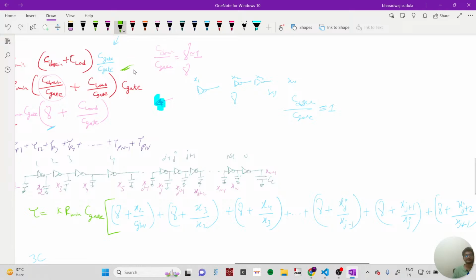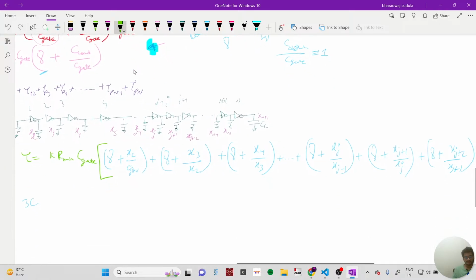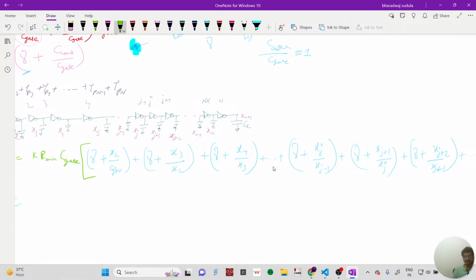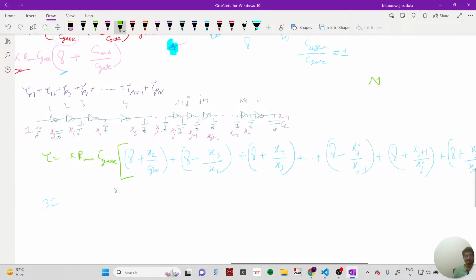Okay. So gamma is there in each and every term. So if there are n gates, it turns out to be n gamma, right? So I can write tau is equal to n gamma k r min c gate.